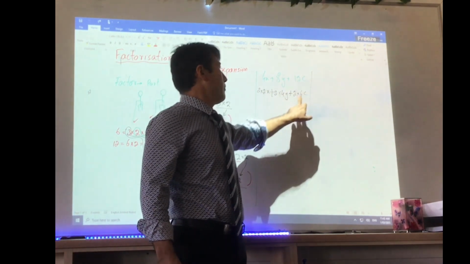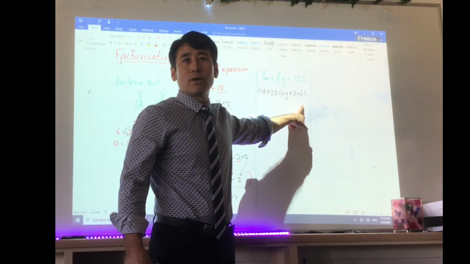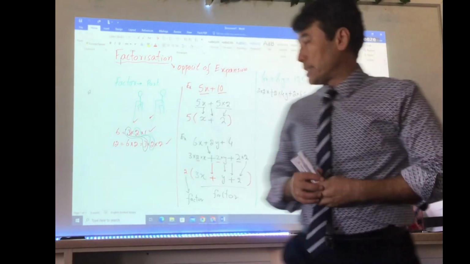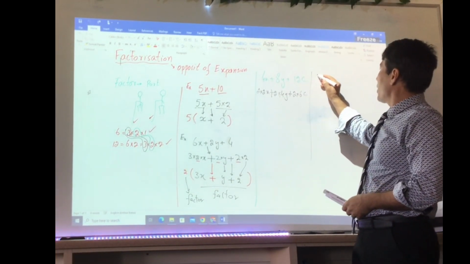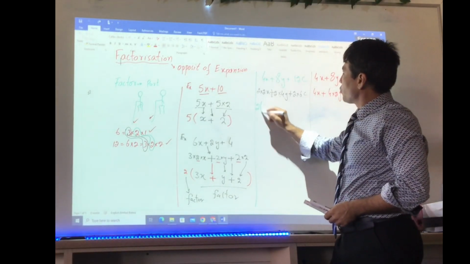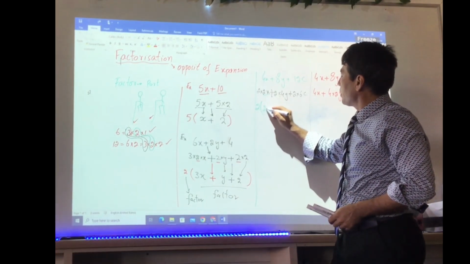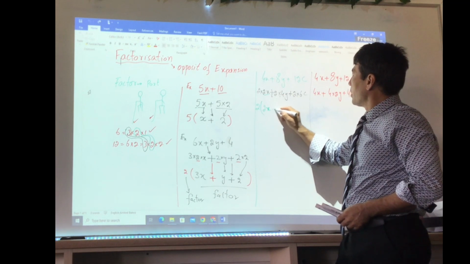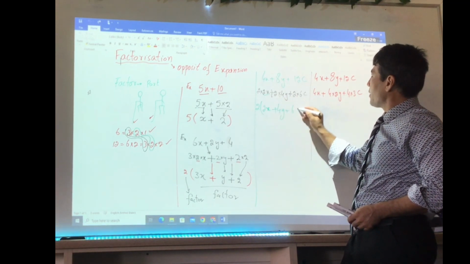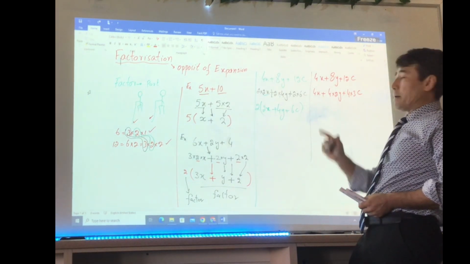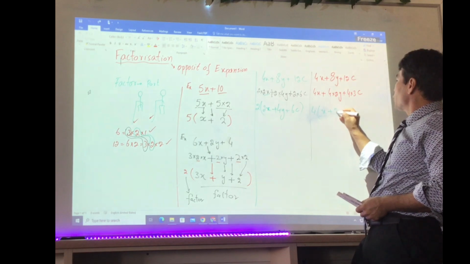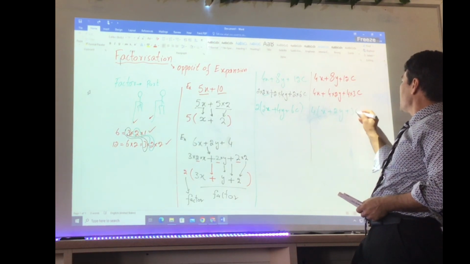And then 12 means 2 times 6, right? This is one way. Now I'll do the same example another way. Take 2 common. So we have 2x left, plus here 4y left, here 6c left. But in this case, if I take 4 common, x is left, 2y left, and 3c left.